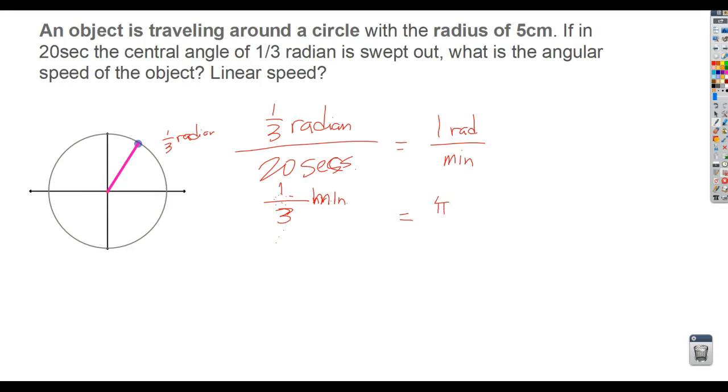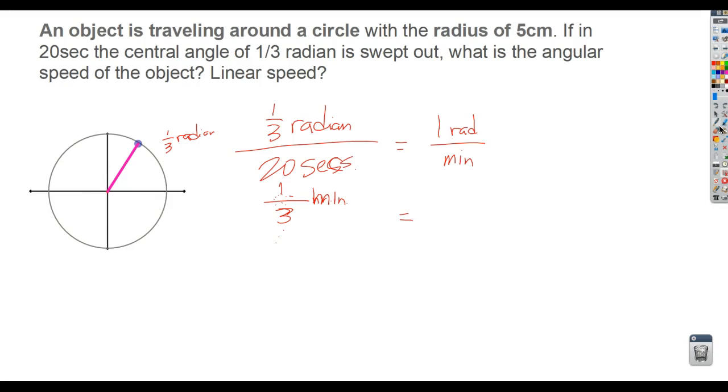Okay, I'm sorry, pi. Sorry, in this case the radius is 5, right?